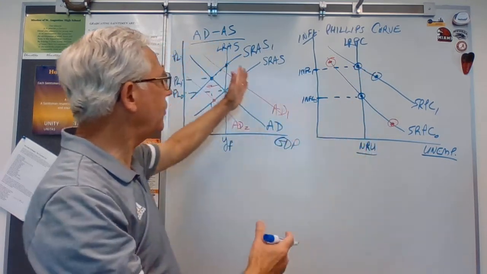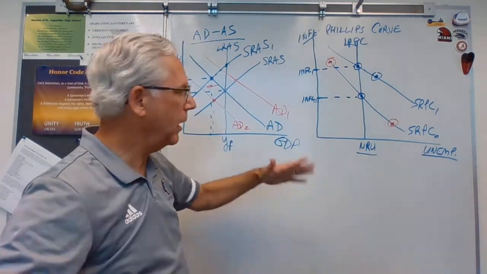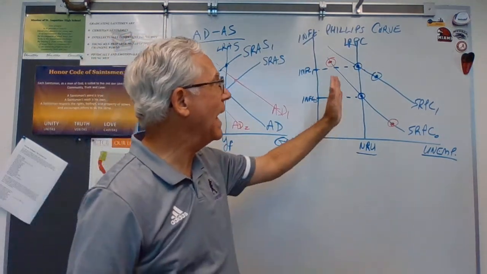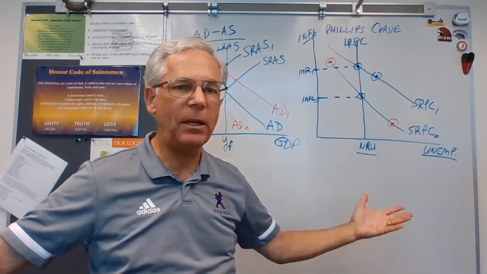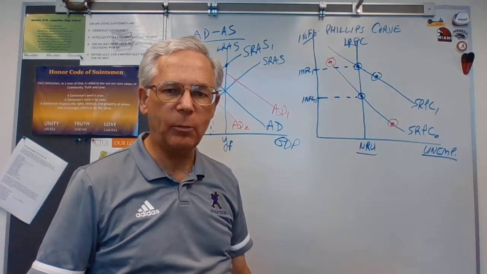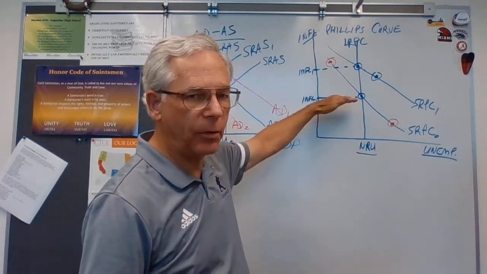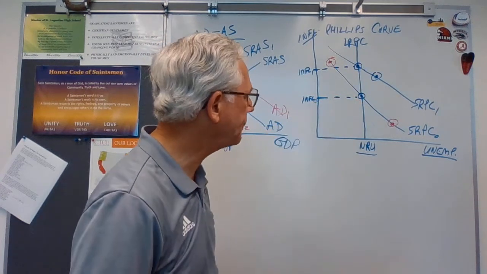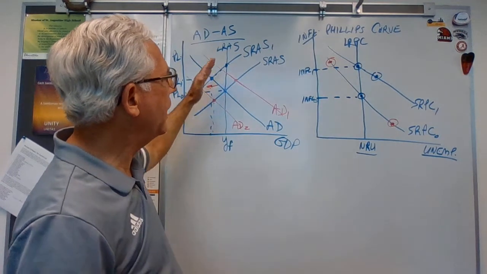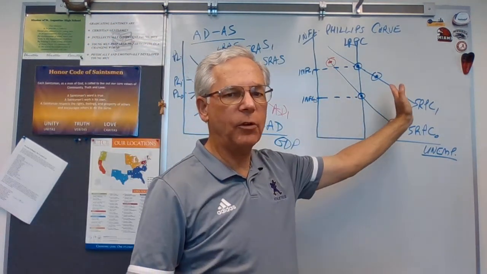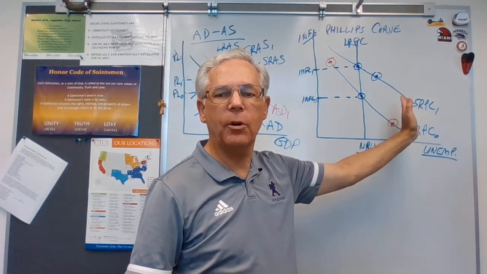People just got used to the higher rates of inflation. And we wound up back at full employment at that higher rate of inflation because that's what folks were used to. We just expected it to be 4, 5, 6% inflation instead of 3% inflation. Okay? All right. So a shift to the left of the short run aggregate supply typically results in a shift to the right of the short run Phillips curve.